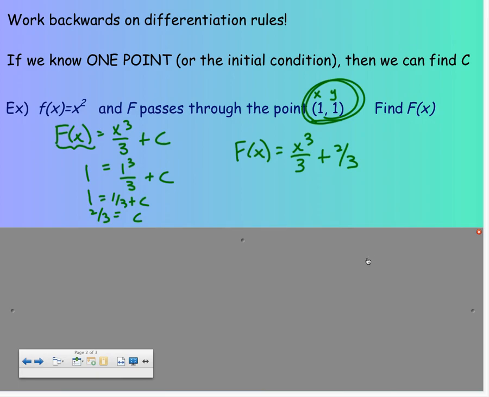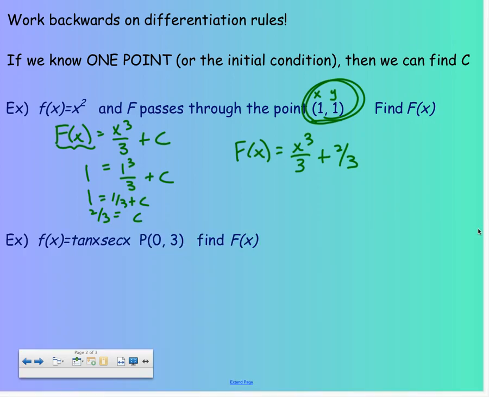One more example. We'll do a trig one. It still wants us to find the antiderivative, but then it wants us to actually figure out what the c is because it gave us an initial condition. We know that the antiderivative is secant of x plus c. But we know when x is 0, y is 3.